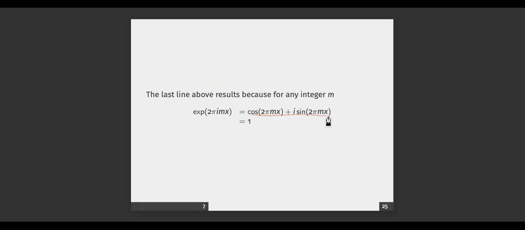But since the sine of a multiple of 2 pi is equal to 0, and the cosine of a multiple of 2 pi is equal to 1, this whole expression is just equal to 1. And by the way, there are only two values of x: either x equals 0 or x equals 1, because x is a bit, or a qubit.